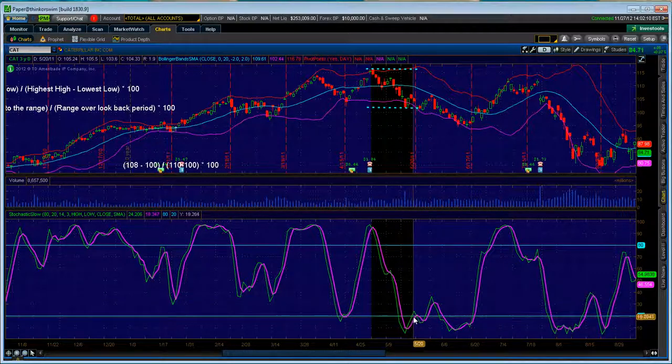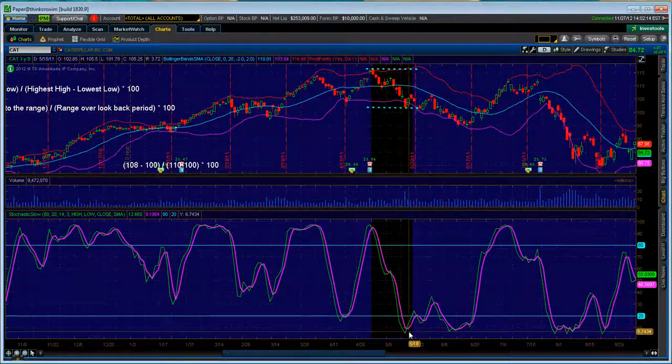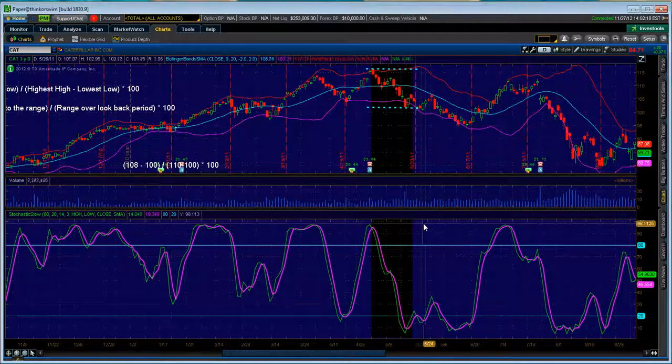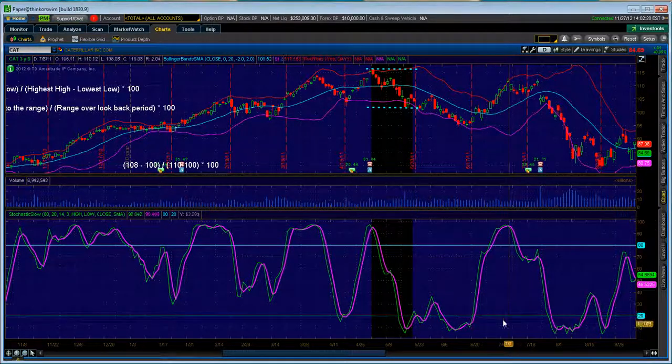It's at 20, which is the oversold reading. But as you can see, the very bottom of that range was closing in on 0. So this indicator is range bound from 0 to 100, and then you get the overbought, oversold signals at 20 and 80.